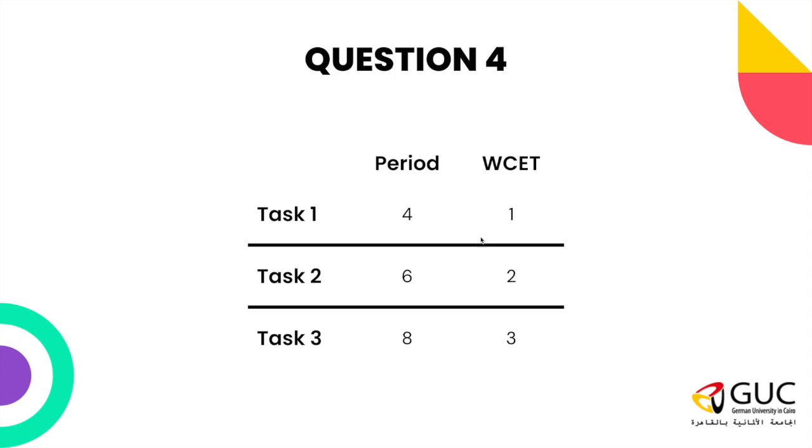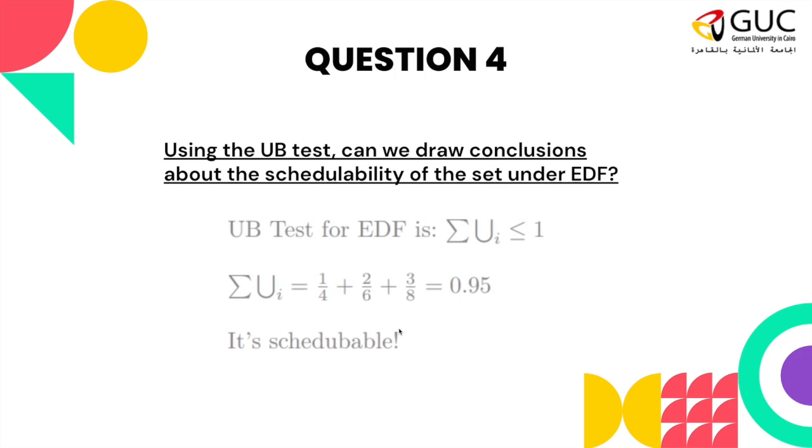This will result in 0.95. 0.95 is less than or equal to 1. Therefore, this set of tasks is schedulable under earliest deadline first, or EDF, because the summation of the utilizations is less than or equal to 1.